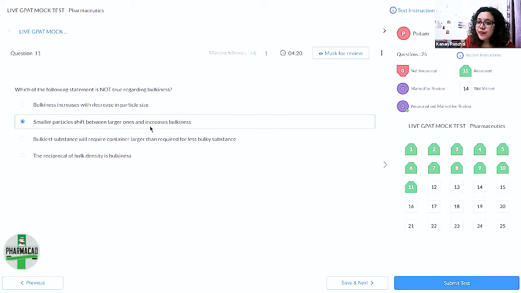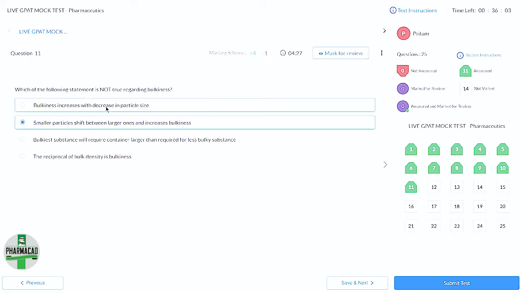Do you all agree? Yes, ma'am. Yeah, so this is the thing. There's an error here, but I asked for this question to be kept for this discussion. All right?